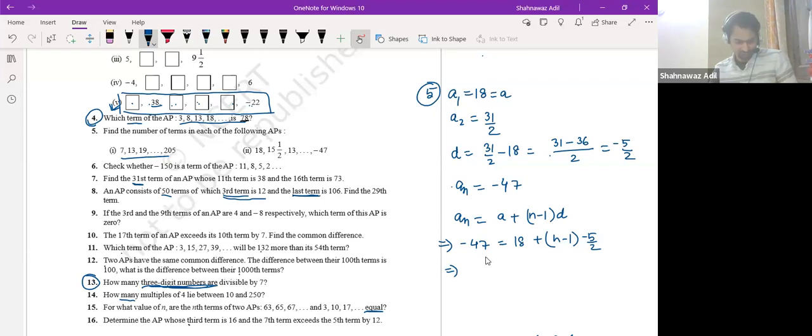So you have solved this part. Yes, sir. There was a problem in the D calculation, right? The difference that you got was wrong. Only this part was wrong.